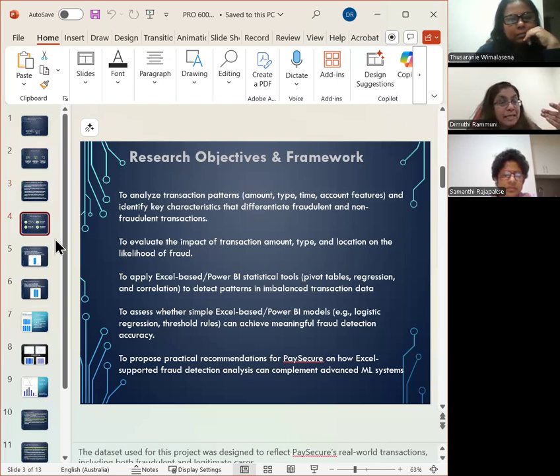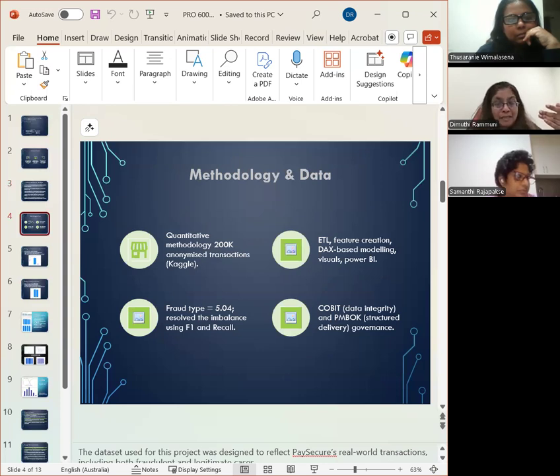The next slide is methodology and data. We used a data set similar to PaySecure's real transactions. It includes both fraudulent and genuine cases and had details such as amount, type, time, device, and location.